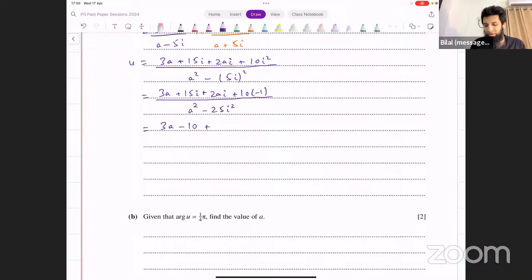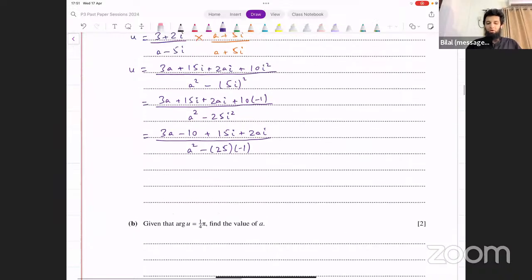And the imaginary part, that is 15 iota plus 2a iota. Okay, now let's simplify the denominator as well. What do we have in the denominator? A squared minus 25 into iota squared. Iota squared is -1. We could write it as a squared plus 25. Or if you want to show this clearly, you can write it like this first. A squared minus 25 into -1.